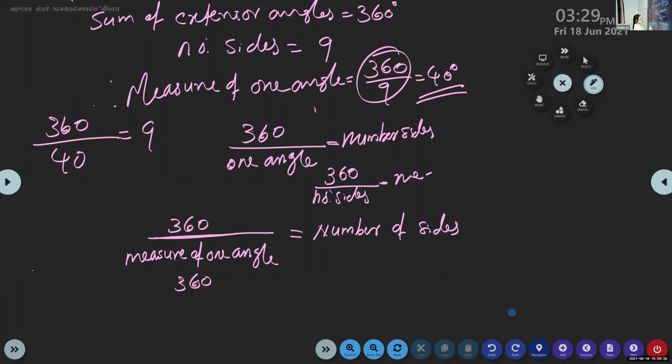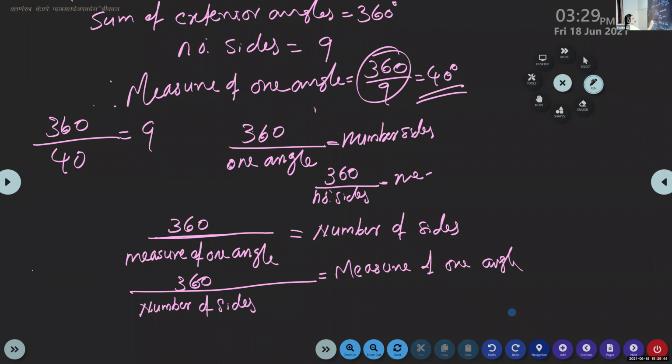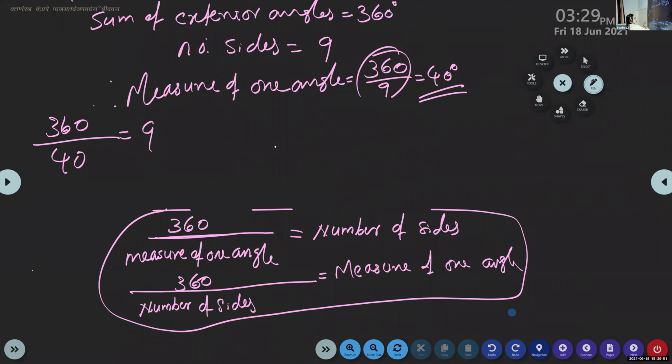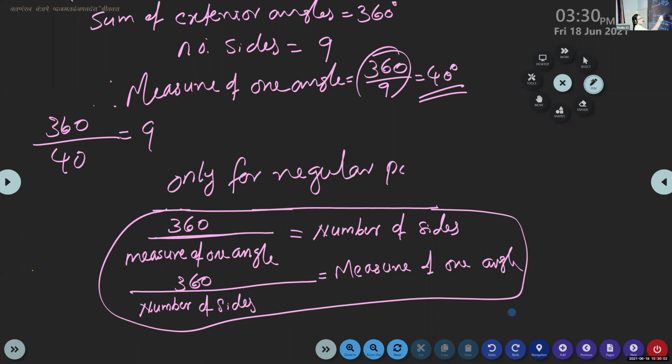On the other hand, 360 divided by the number of sides will give the measure of one angle, only for regular polygons. 360 divided by the measure of one angle gives the number of sides, and 360 by the number of sides will give the measure of one angle.